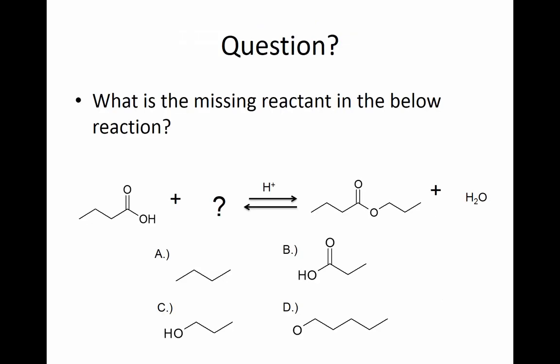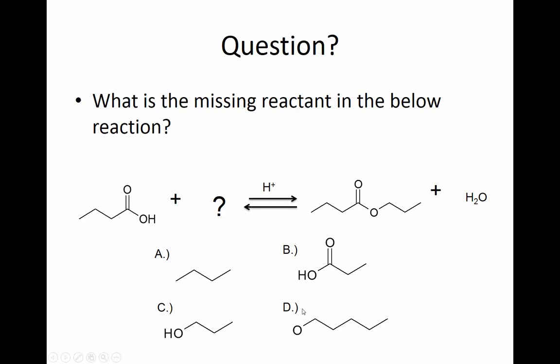Okay, so in this ester formation, what is the missing reactant in the below reaction? Okay, so we have our acid here, whatever this carboxylic acid, 1, 2, 3, 4, this is butanoic acid. And so what is our other molecule? Well, it's got to be an alcohol, and this is an alkane, so that rules A out. This, I don't really know what this is. I don't think this is much of anything. There's nothing that just ends in an oxygen.